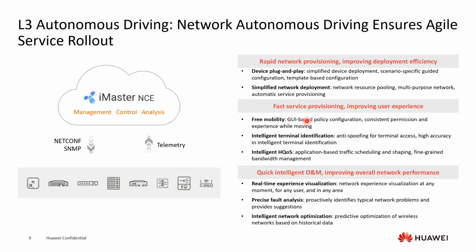In the wireless intelligent campus network, it not only monitors the APs through SNMP, but also monitors the traffic through telemetry, to ensure that there are no jitters, and that the user connected to the AP has a seamless experience, seamless connectivity.